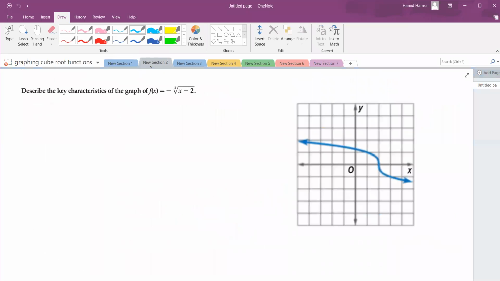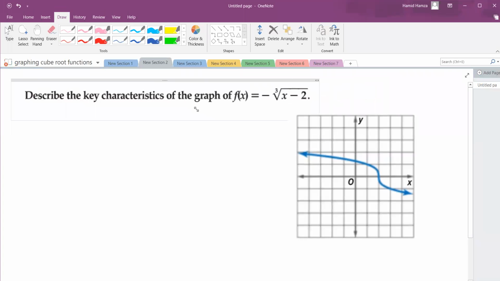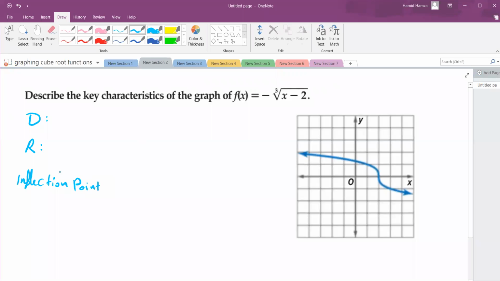Okay. Now let's take an example. We want to describe the characteristics of the graph of this function. That means we want to find the domain and range, the inflection point, and the end behavior.